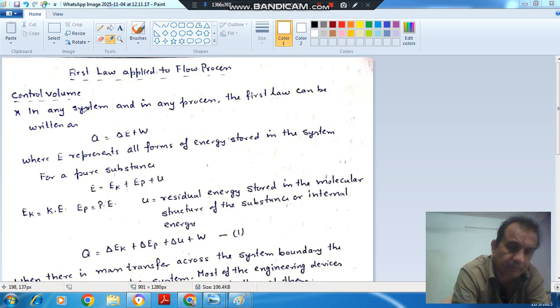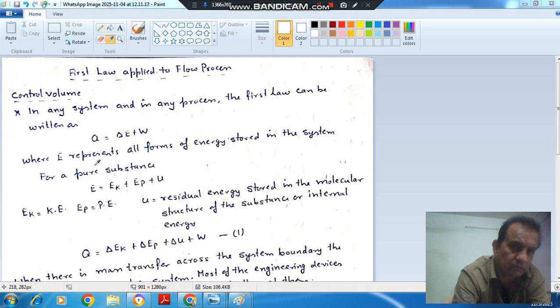Here we will discuss the two approaches to study the flow processes as well as the first law. Starting from the first law applied to a process or a system, that is Q is equal to del E plus W, where Q is heat supplied, E is change in energy, all forms of energy, can be internal energy, kinetic energy, potential energy, and W is work.